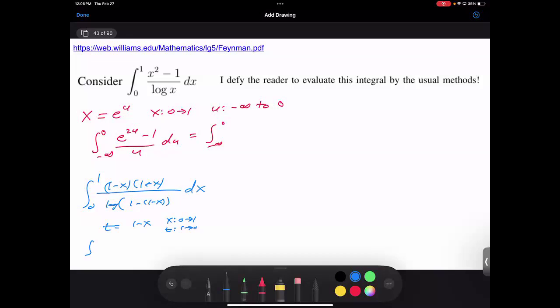This would be something like the integral from 1 to 0. 1 minus x becomes t, and x plus 1 would be, I think, 2 minus t. And I would have the log of 1 minus t, dt.